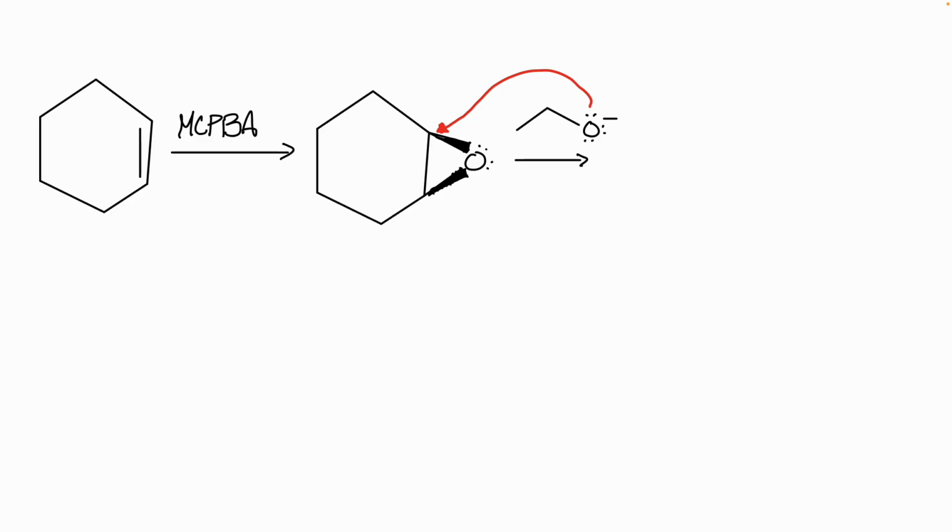I don't know that they thought it through, but we got our backside attack here, so that new bond is going to have to be pointed in the opposite direction, meaning my nucleophile pointed in the opposite direction of where my epoxide oxygen is pointed.